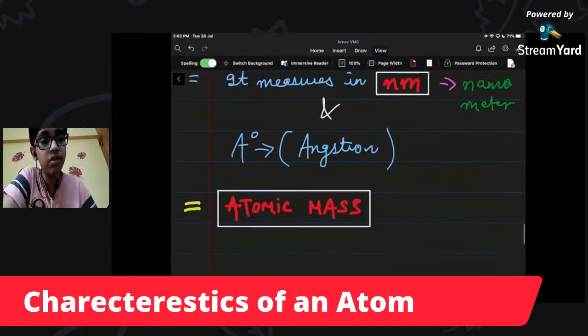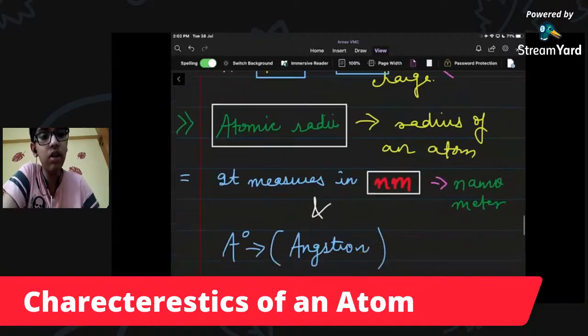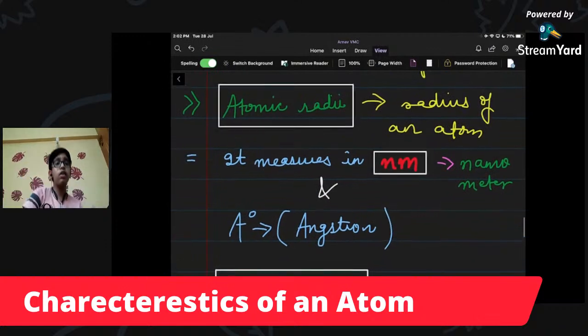Please remember these things. Atomic radii is the radius of an atom. It can be measured in nanometer or in angstrom. Just like when you write Celsius you write C degree, when you write angstrom you write A degree.